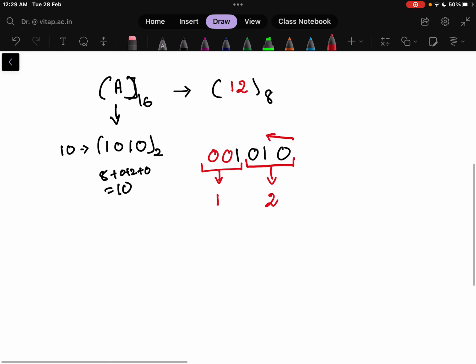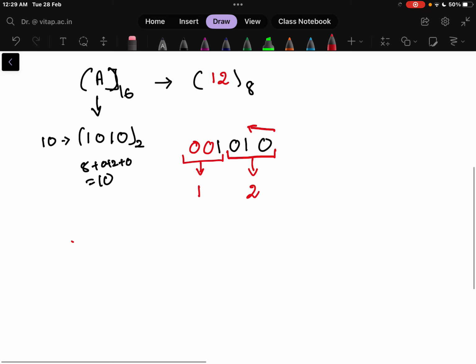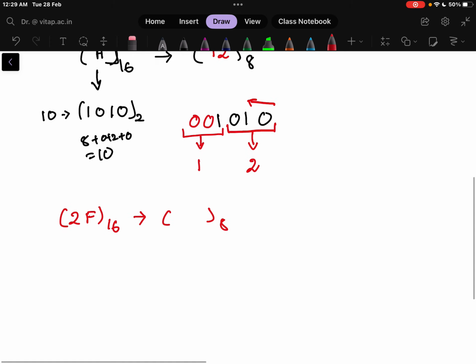Let us take another small example. If I write 2F in base 16, what is the equivalent in the octal number system? Represent the 2 individually as a 4-bit number, that will be 0010. Then represent F as its binary equivalent, that is 1111.